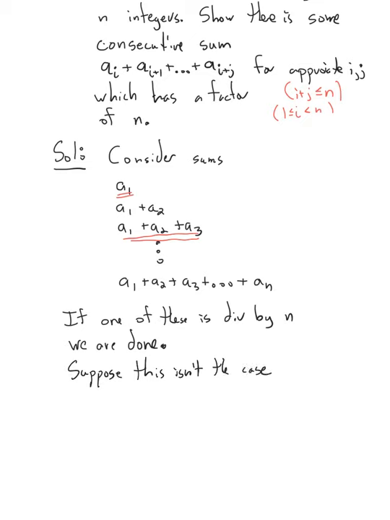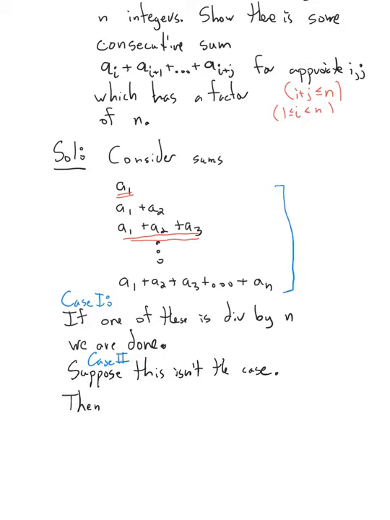So I guess what we're doing here is a proof by cases. Case one is that one of these guys is already divisible by n, then we're done. Case two is that this doesn't hold. So it's everything else.